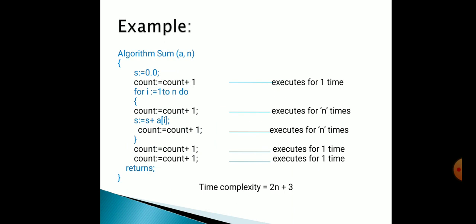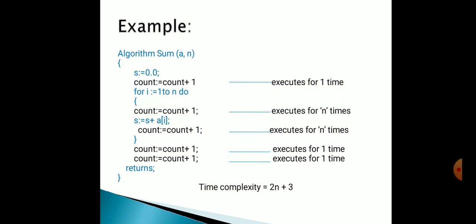So s is equal to 0 is an executable statement, so I updated the count variable by 1. For i is equal to 1, this statement is also getting executed, so I updated the count value by 1. After the for loop, s is equal to s plus A of i is also an executable statement.